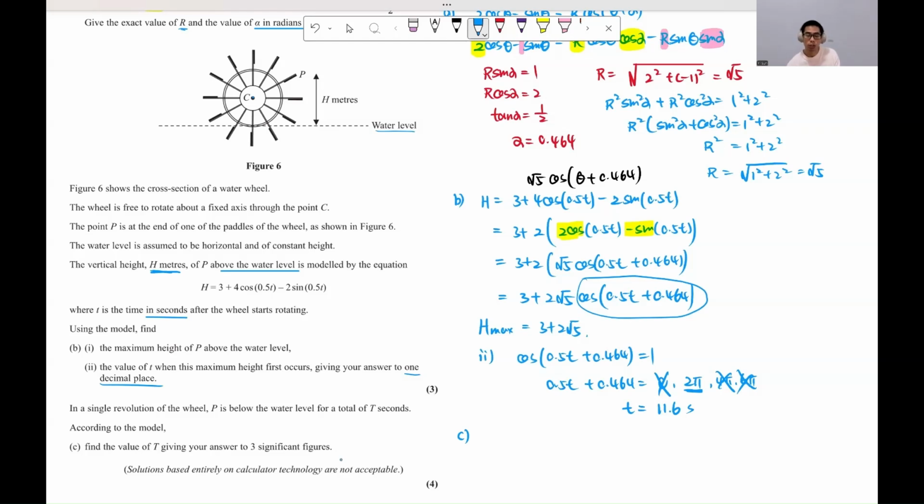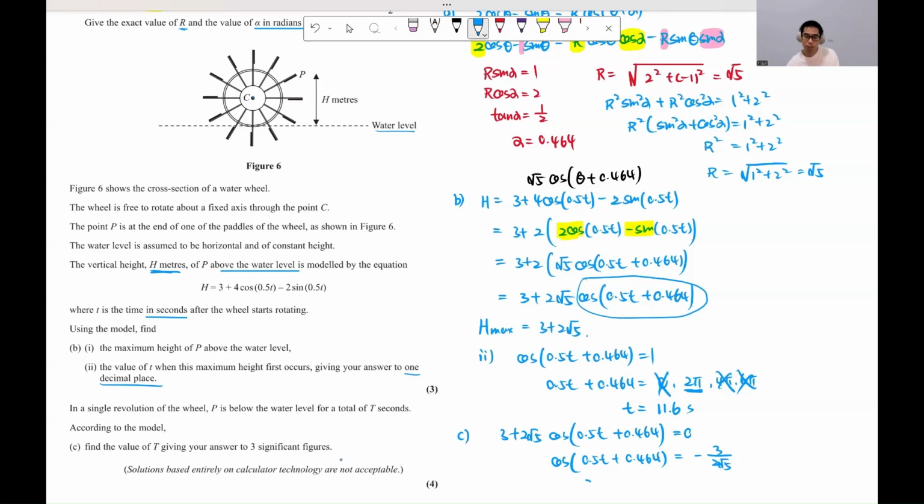So we just work out at what time the height is equal to 0, which is just on the water level. So 3 plus 2 root 5 cos(0.5t + 0.464) equal to 0. Rearranging, cos(0.5t + 0.464) is equal to minus 3 over 2 root 5.